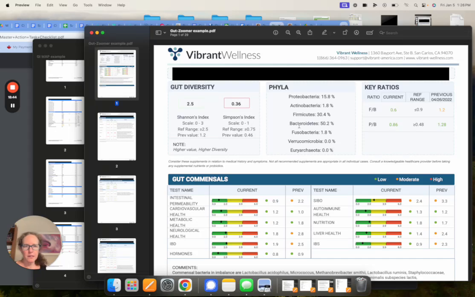So here's the Firmicutes and the Bacteroides here, but then it looks at other really important phyla. I particularly like to know the Proteobacteria because we want this under 5%. So for this person, we know, oh my goodness, you have a lot of potential troublemakers, these opportunistic microbes.